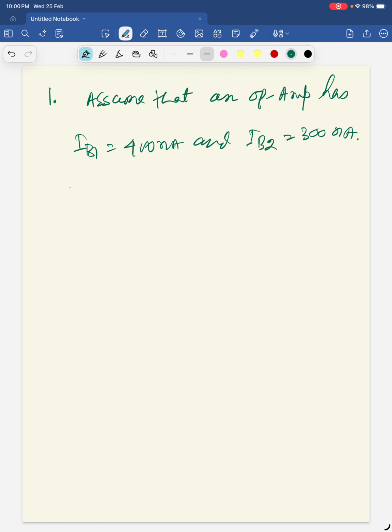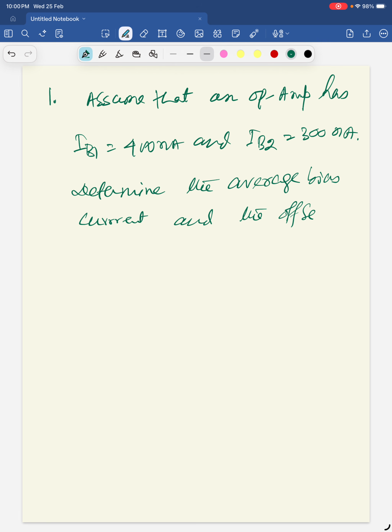These are given. So determine the average bias current and the offset current IOS.